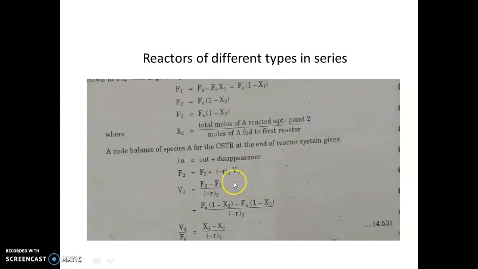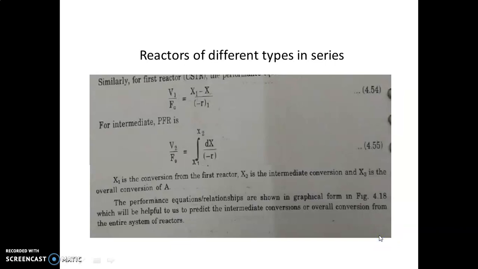From this, we can rearrange for V3: F2 minus F3 divided by minus R3. Again you have to put the values of F2 and F3 from these two equations and solve, and we get V3 divided by F0 is equal to X3 minus X2 upon minus R3. So this is equation number 4.53.